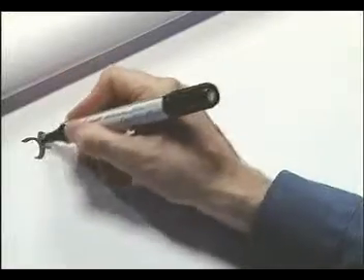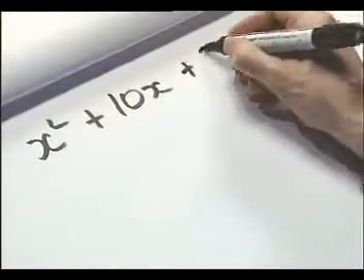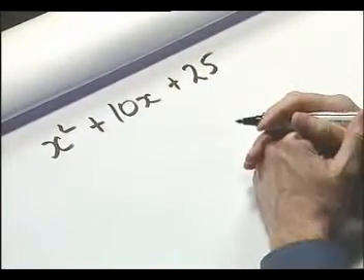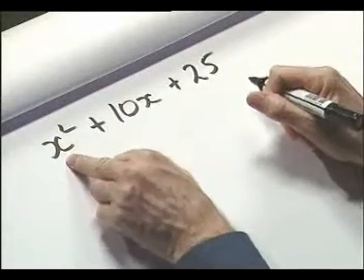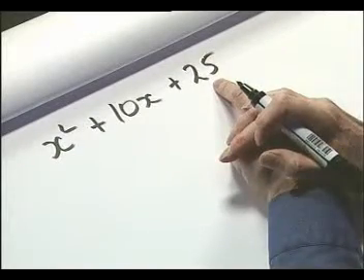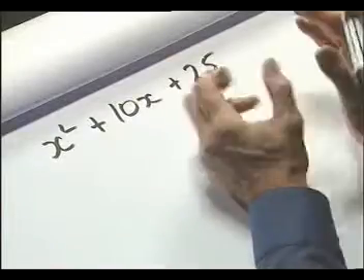Let's have a look now at another special case factorization. Having just done the difference of two squares, looking at this quadratic expression, we've got a square at the front, x squared, and a square at the end, 5 squared. But we've got 10x in the middle. Okay, we know how to handle it, so let's not worry too much.